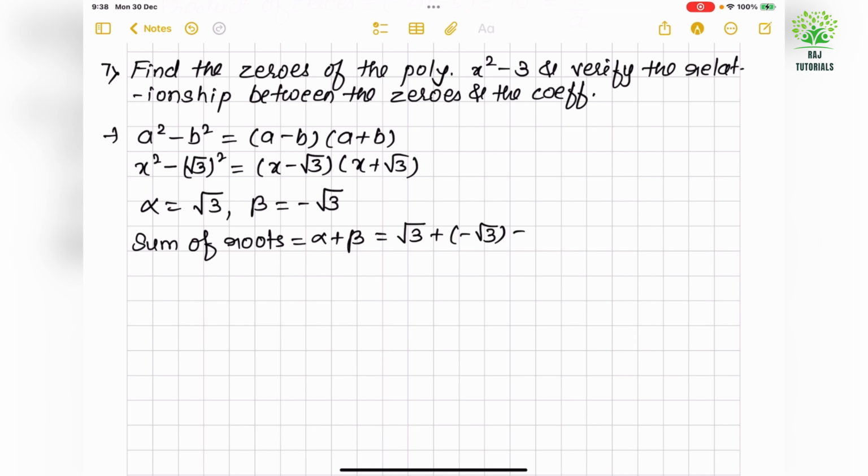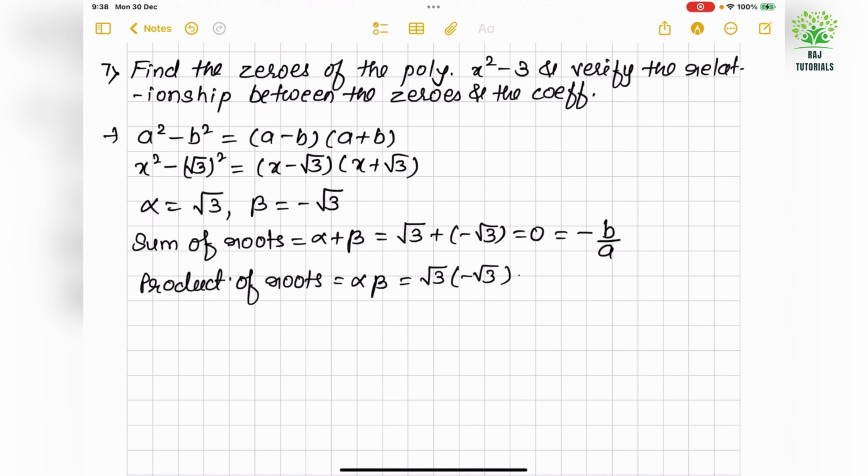So that is 0, which is equal to minus b by a, and the product of roots will be alpha beta, that will be root 3 into minus root 3. So that will be minus 3, which is equal to c by a. Hence the relation between them is proved.